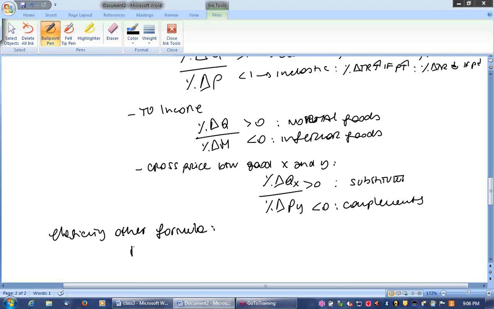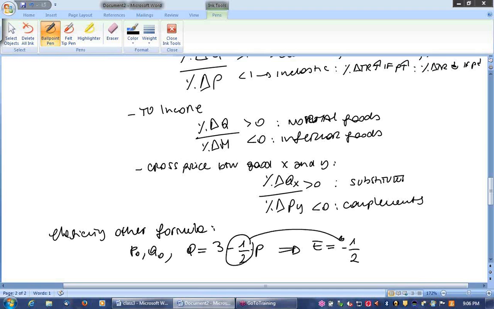So if you have an initial price, an initial quantity, and the demand curve given by, let's say as an example, Q = 3 minus 1 half times the price, the elasticity is given by minus 1 half, that is the number that multiplies the price, times P0 divided by Q0.